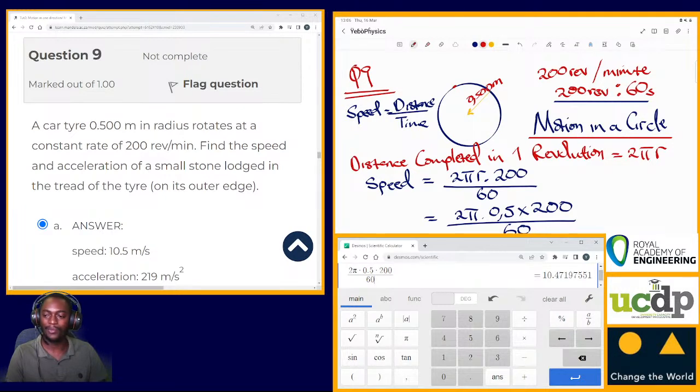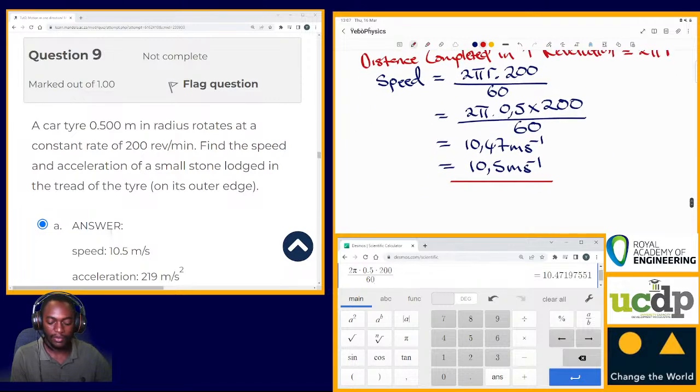Our distance is the distance covered in 200 revolutions, and one revolution is equal to 2 pi r. So that will be 2 pi r times 200 to get the total distance traveled after 200 revolutions. The total time to complete 200 revolutions is 60 seconds. That is how we have tackled the first part of the question.